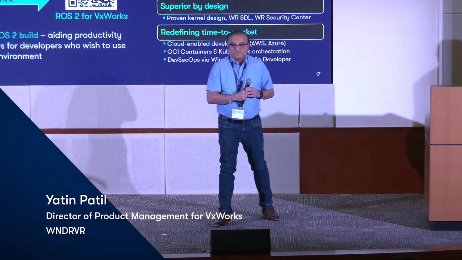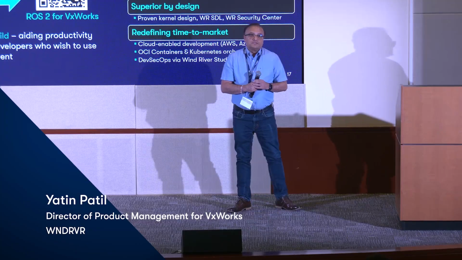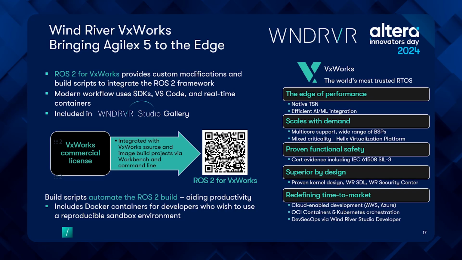Yes, VxWorks is enabled on the Agilex 5 platform. Wind River has also done, on other platforms as well as Agilex 5, a port of the ROS2 framework, which is available on VxWorks as you normally purchase it.